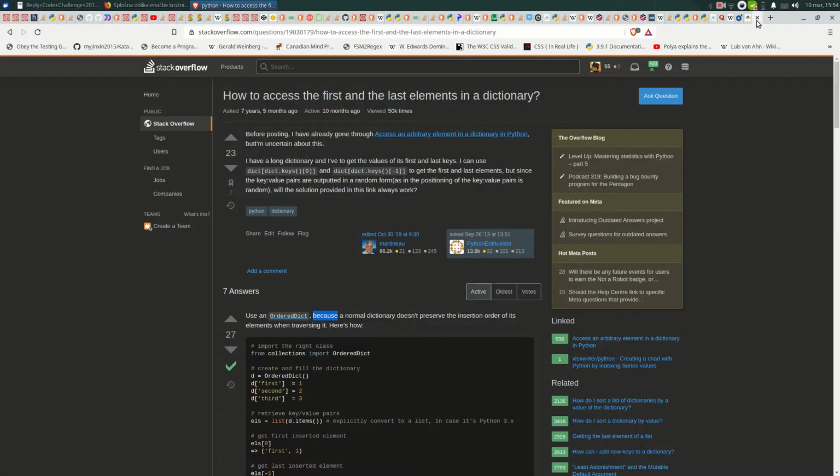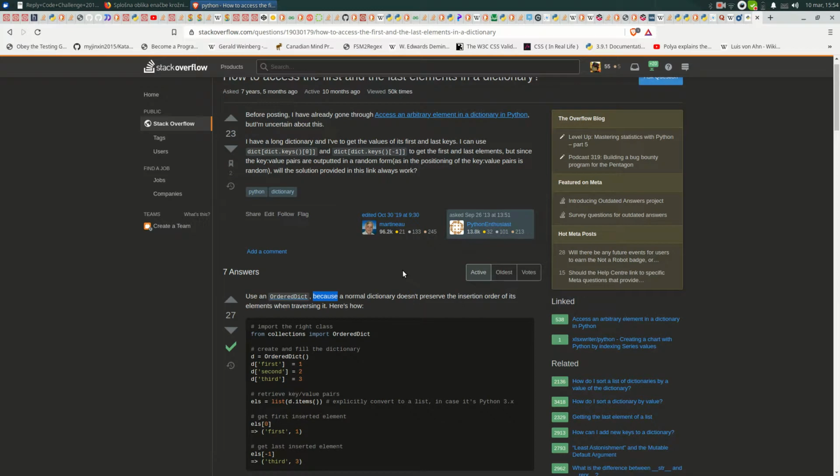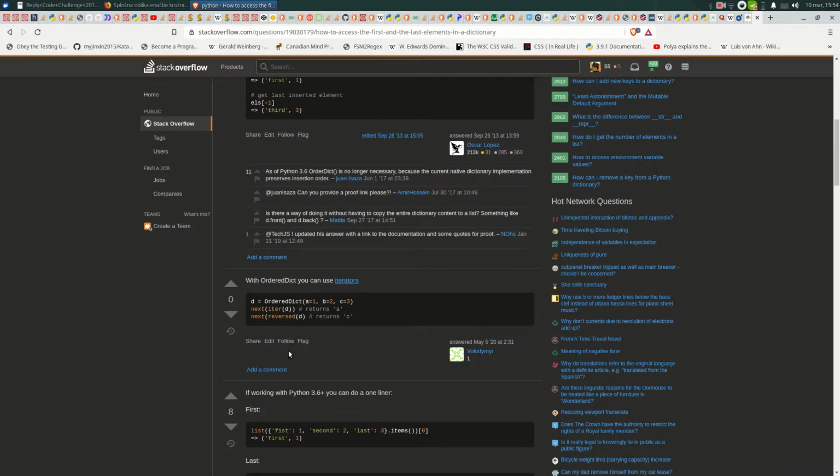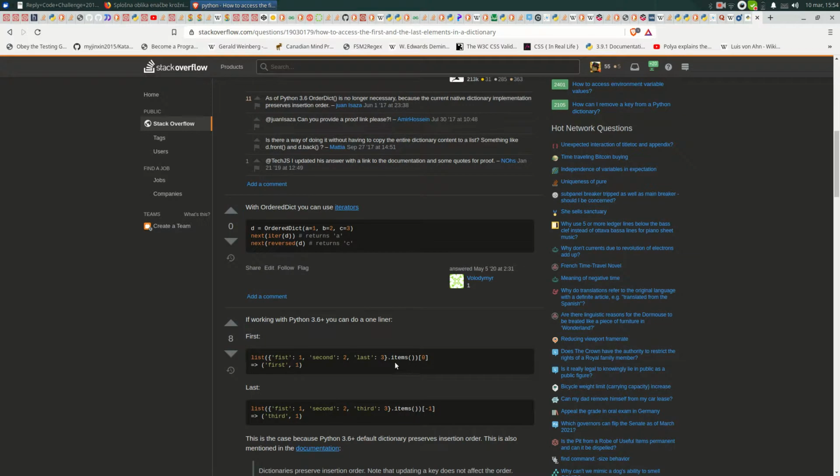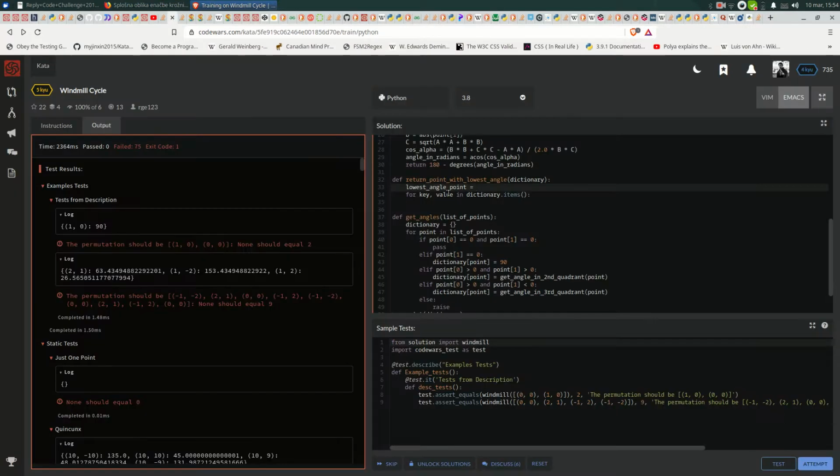I guess we really need to use the ordered dict. You can use iterators, a one-liner. First, items 0, dot items 0. We just do list. Alright, I get it, that sounds right.